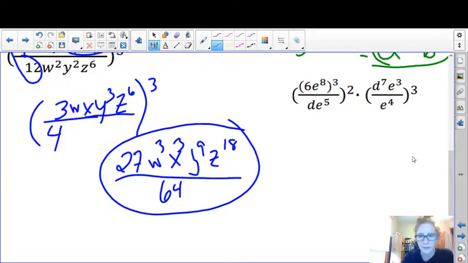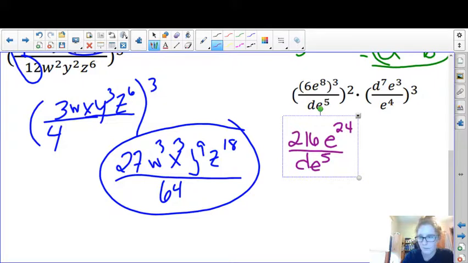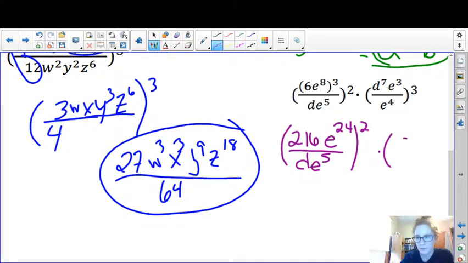So 6 to the third was 216, e to the 24 over d e to the fifth, all quantity squared, times d to the seventh over e on the bottom, and there's just 1 because 3 minus 4 gives me 1.